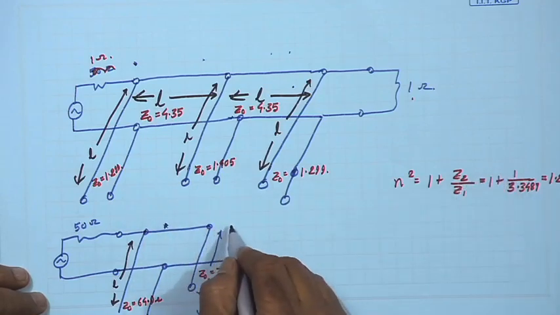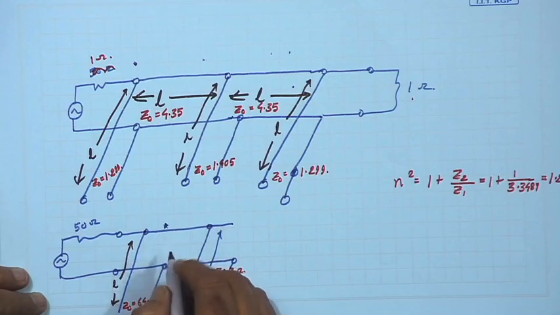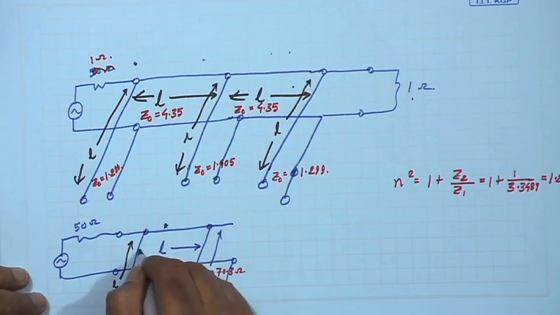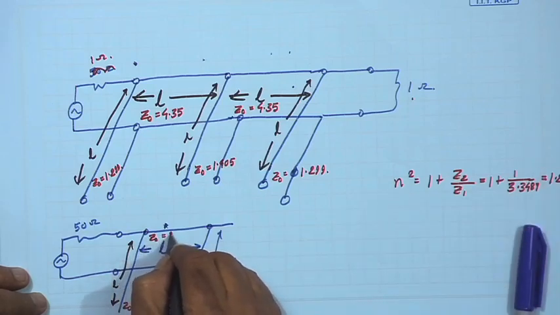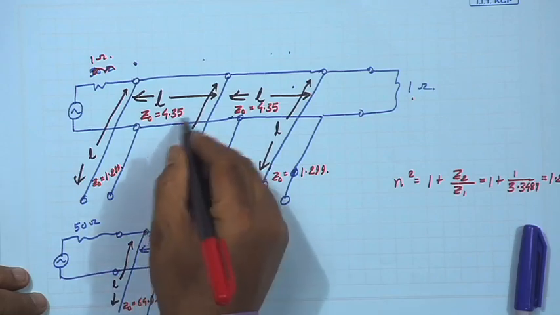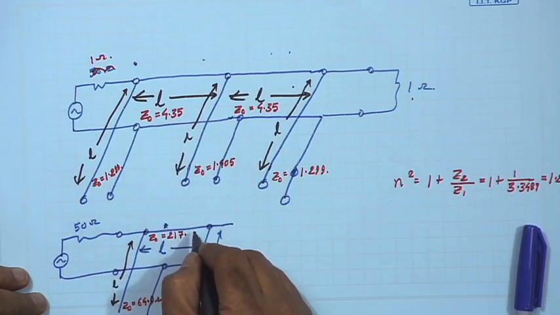Then you go to another, here there was one L, and this L has a Z naught of 217.5 ohm.